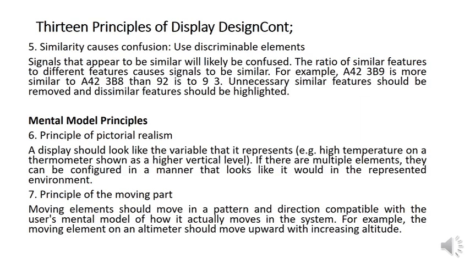The ratio of similar features to different features causes signals to be similar. For example, A423B9 is more similar to A423B8 than 92 is to 93. Unnecessary similar features should be removed and the similar feature should be highlighted.